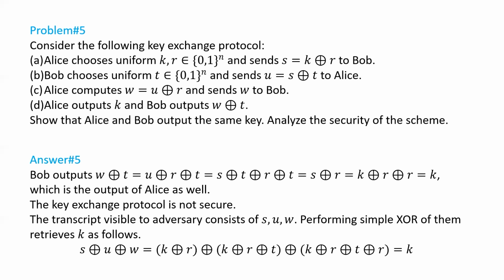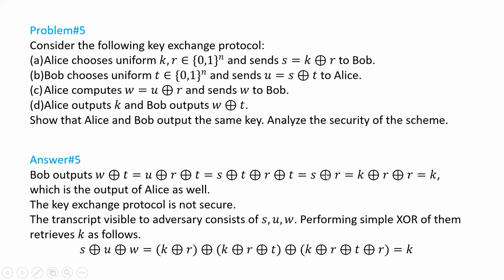So let's take what Bob outputs from bottom to top. Bob outputs W XOR T at the end. And what is W? W is U XOR R. So we replace W with U XOR R. What is U? U is S XOR T. So let's replace U with S XOR T. So S XOR T, XOR R, XOR T. There are two T, so we cancel them out.